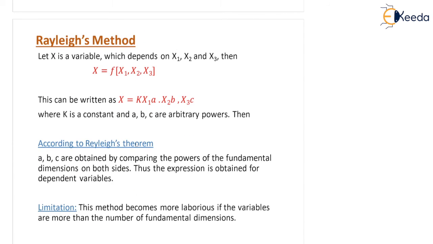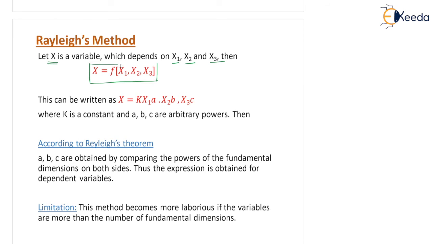So this is Rayleigh's method. It says that if x is a variable which depends on x1, x2, x3, then x is a function of x1, x2, x3. Very important line.